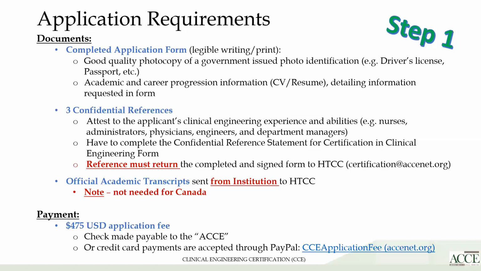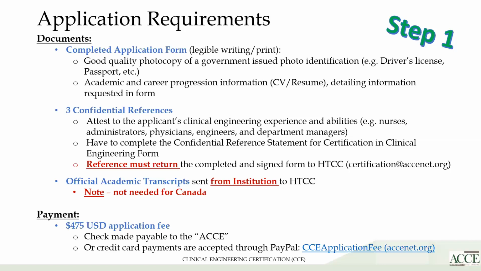And then you also need to provide a resume or a CV showing your academic and career progression. And it does need to detail specific information that's requested in the application form. Things like the college and employer names, locations, dates, employment titles, etc. You'll find all of that in that form. The next document you'll need to provide is 3 confidential professional references.